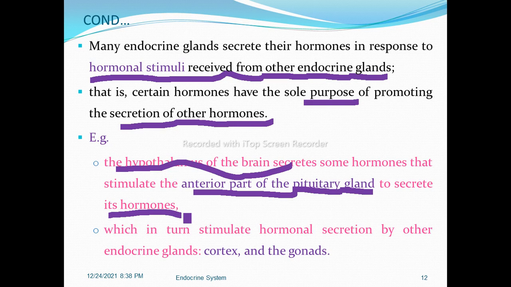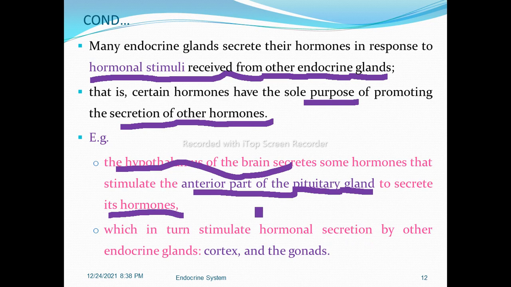For instance, adrenocorticotropic hormone, secreted by the anterior pituitary, stimulates the adrenal cortex. Luteinizing hormone and follicle stimulating hormone, secreted by the pituitary gland, stimulate the gonads like the ovary, which releases other hormones like progesterone and estrogen.